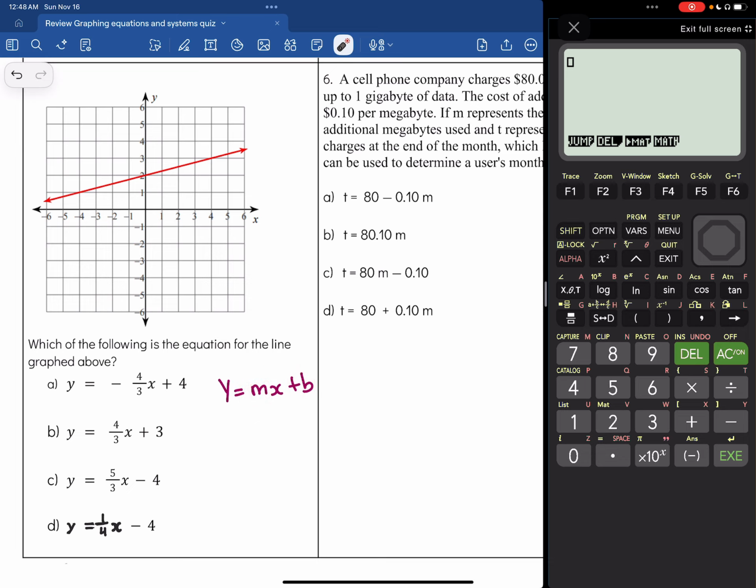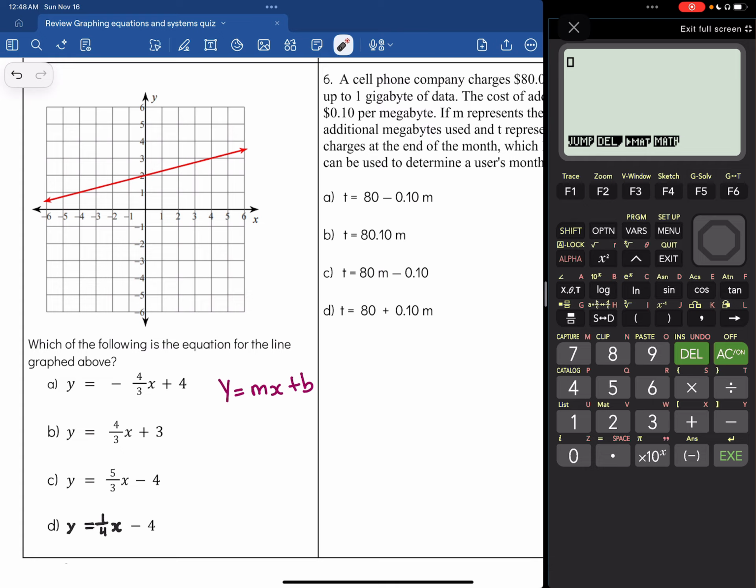Let's start by finding the y-intercept because that's the easiest to find. So our y-intercept is the point where the line crosses the y-axis, right? We can see that that is going to be right here. This line is crossing the y-axis or touching it right here at this point. So that's my y-intercept. What is this point? Well, it's (0, 2), right?